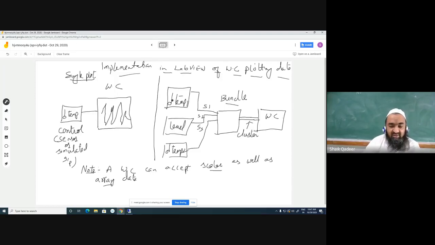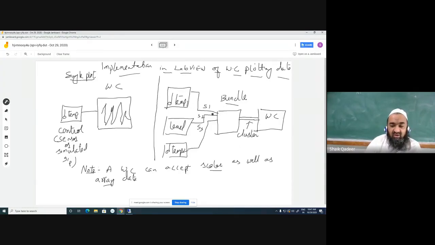If we have to display on monitor many signals, many scalar signals like temperature, level, another temperature, then we cannot directly apply to waveform chart, but instead what we need to do is we need to take the help of an intermediate node called as bundle.